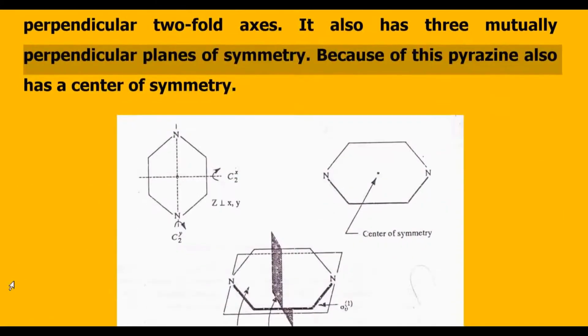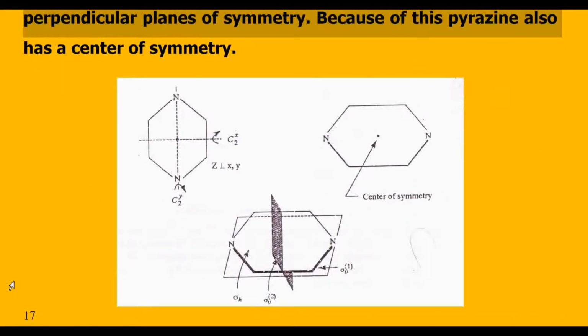So in this figure, I am showing you the C2 axes in your pyrazine molecule. C2-1, C2-2 and C2, which will be going inside the plane and outside the plane.